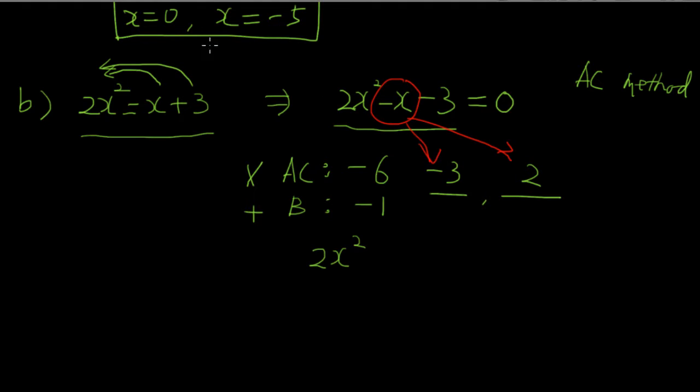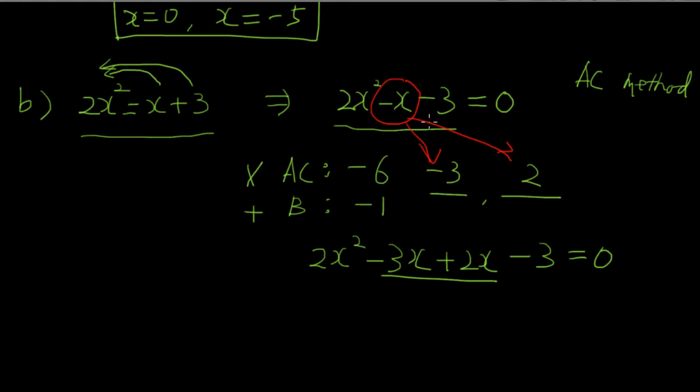That's the deal. So now negative x becomes negative 3x plus 2x, negative 3 equals 0. Now, if you simplify this, what do you get? Negative 3x plus 2x? Well, that's negative x. So that's what we have here.